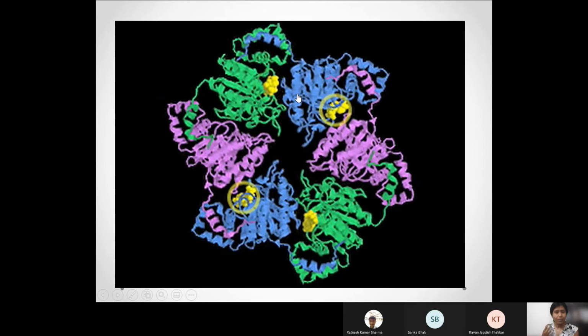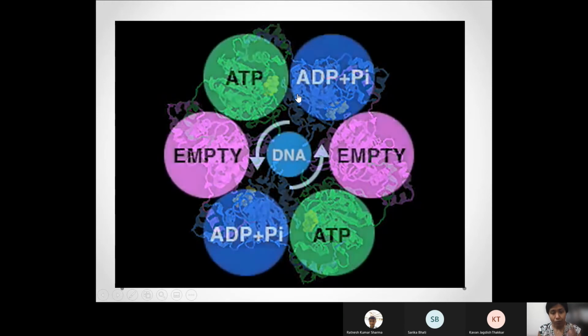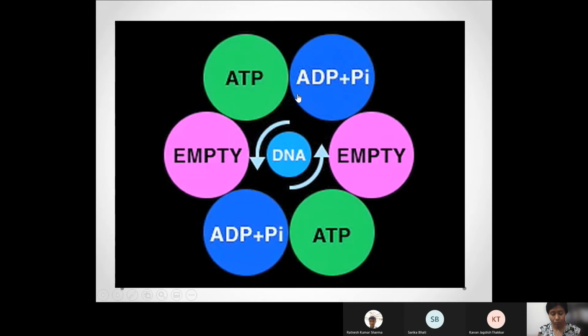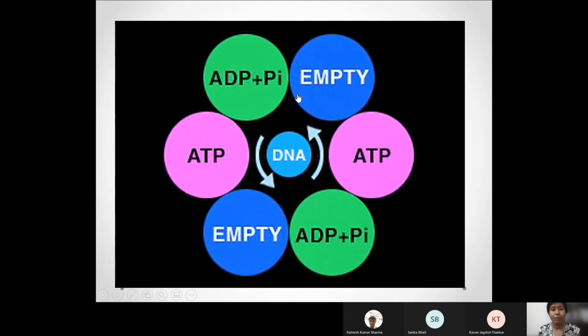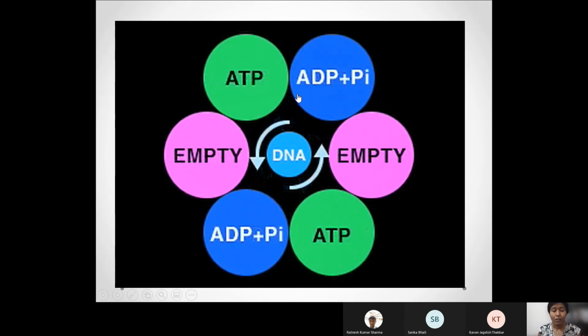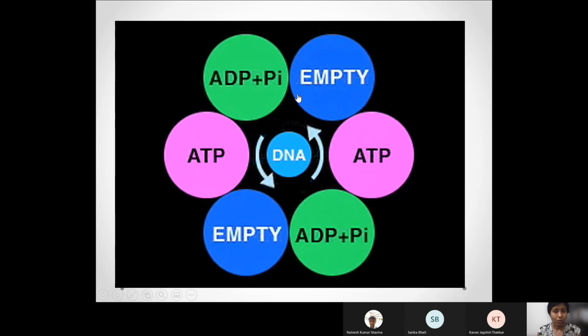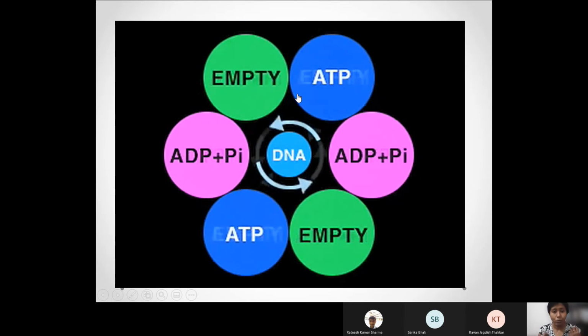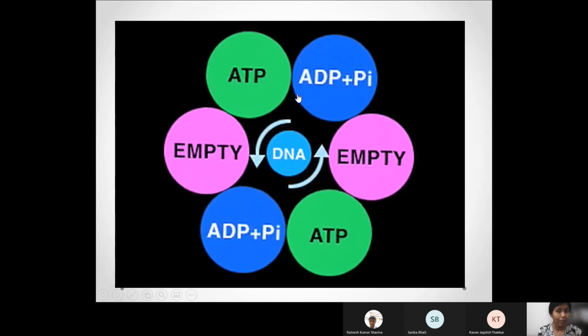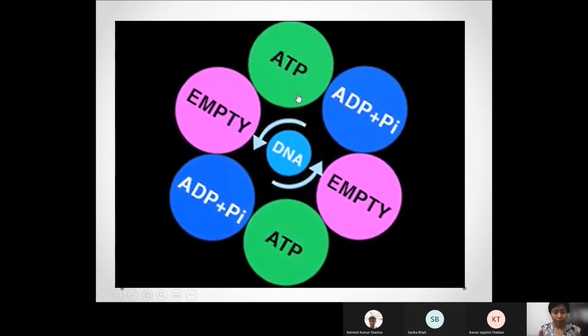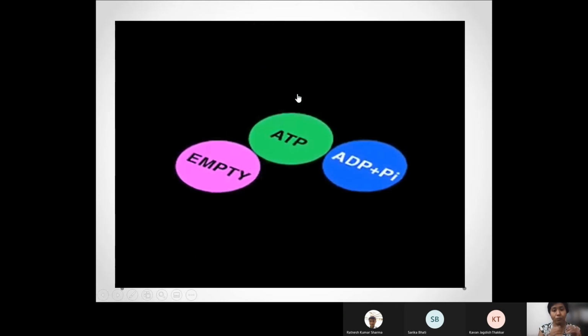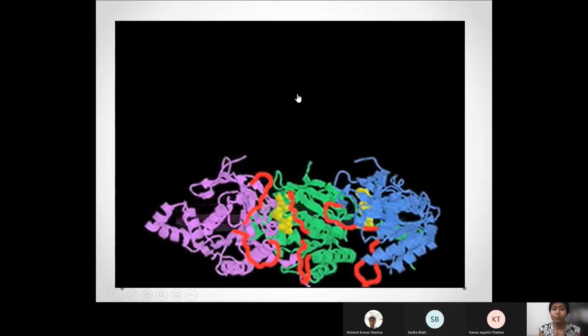This entire idea comes from crystal structures. What they found is that you can have different conformations of these individual subunits because the individual subunits might be bound to different nucleotide states. They could be bound to NTP, they could be bound to NDP plus Pi, or they could be empty. In the process, they would give rise to different conformations of the loops that are associated with DNA.